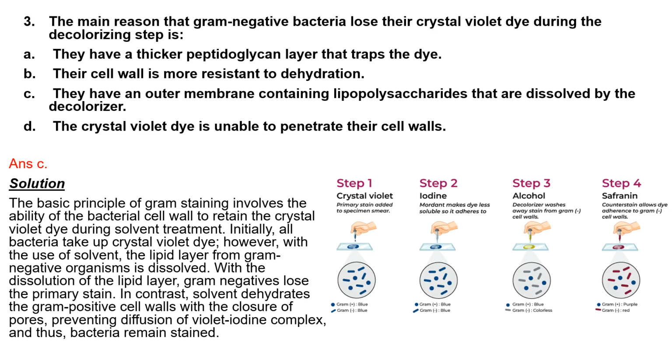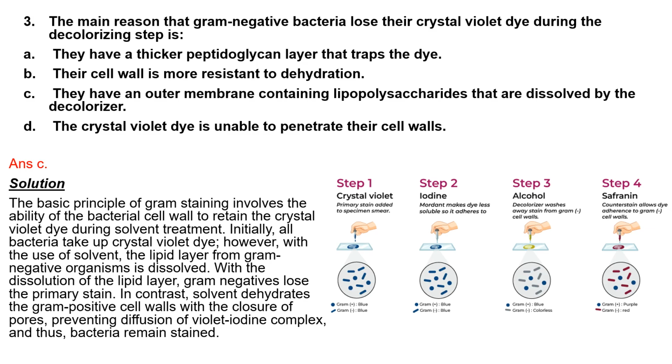I remember this concept actually, but I don't remember the detail. I think both of these are basic dyes. So if you take the primary stain as safranin, then initially both of these bacteria will take up the stain, right?